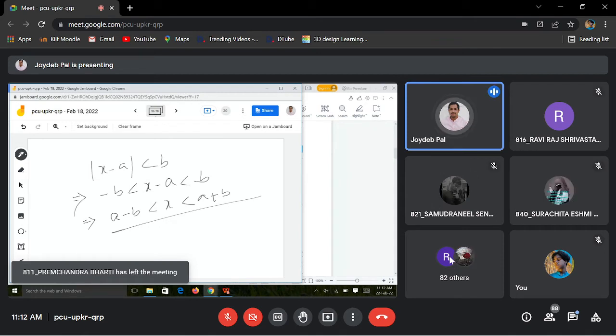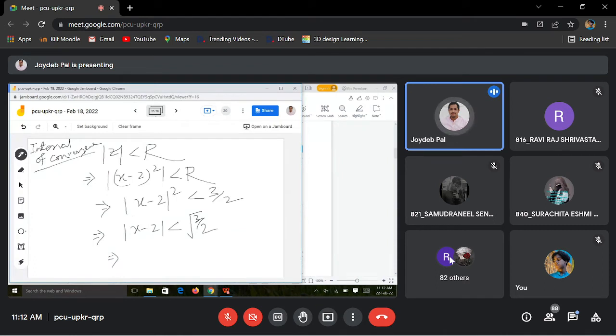So by using that, it will be what? Minus root under 3 by 2 less than x minus 2 less than root under 3 by 2.